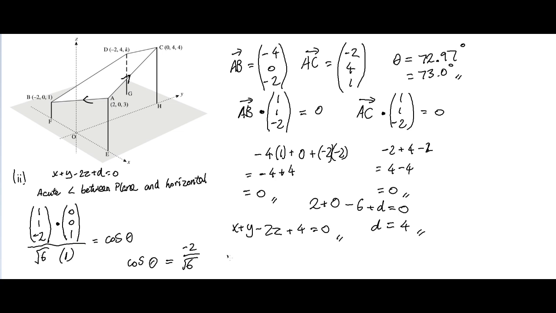So theta, if you do arccos of minus 2 divided by root 6, then you get the angle 144.74.